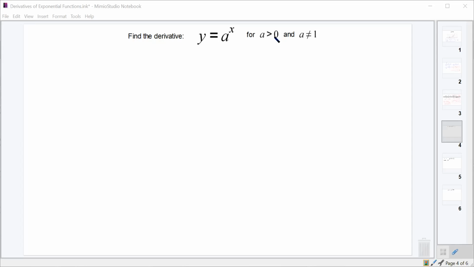We could. The only problem with that is that a could be any number, not just e, right? a could be 2, or it could be 7, or it could be 3/5, or anything like that.